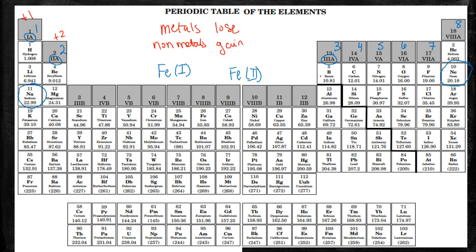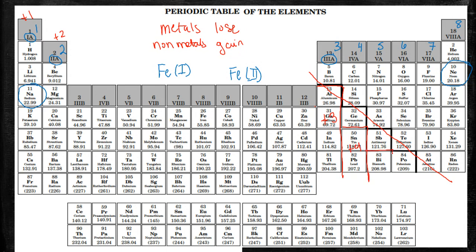Okay, remember you have a dividing line right here of the stair step. So our stair step is our boundary between the losers and the gainers, so to speak. If this right here, the metals, which are aluminum and down, if these have 3 valence electrons, they will lose them and become +3. These two right here have 4, they'll lose them and become +4.